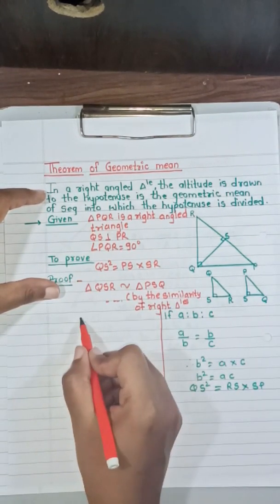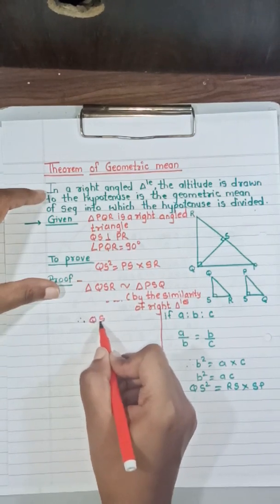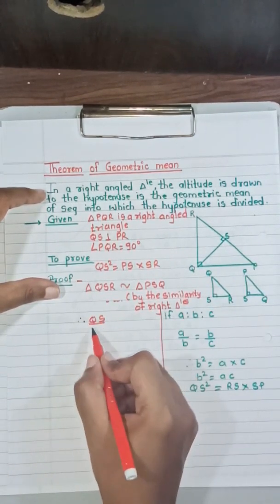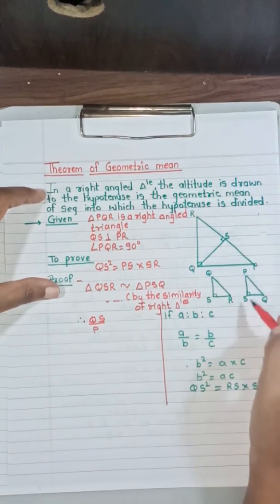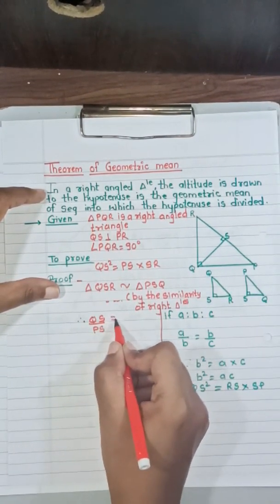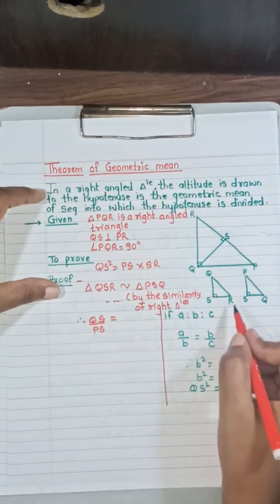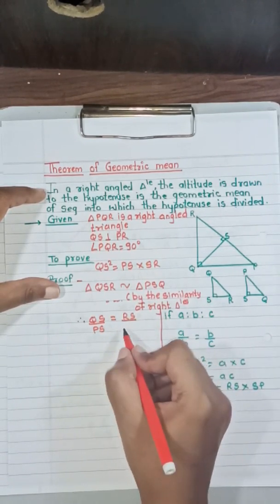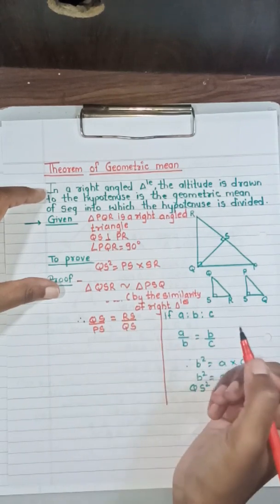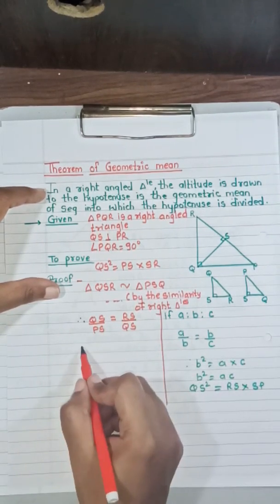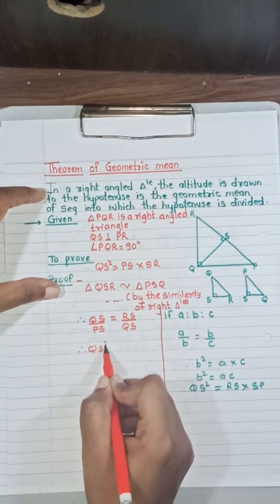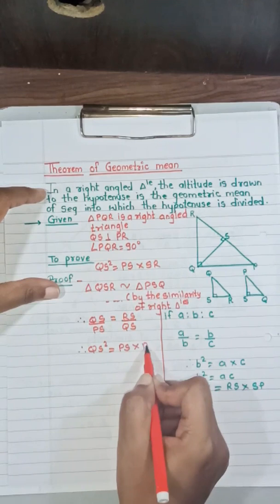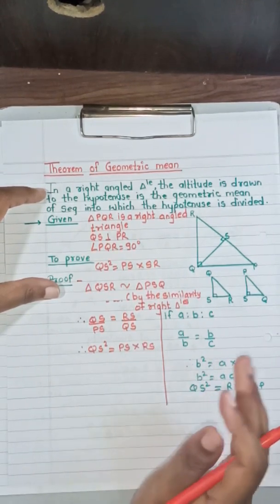Therefore you can write QS upon PS is equal to RS upon QS. Now if you cross multiply, you will get QS square is equal to PS into RS, and here it is proved.